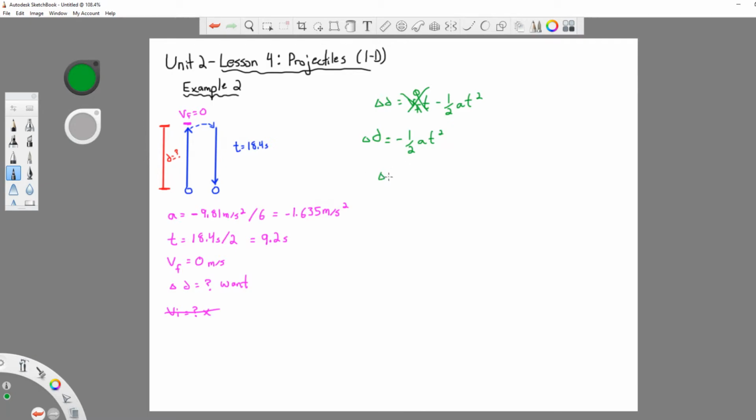So we're going to say delta D is equal to negative 1/2 times acceleration, negative 1.635. I'm not going to put units on in this question. Times t squared. Time again is just the time getting to the top. The time going up and down, we just use half of that value to get the one way.